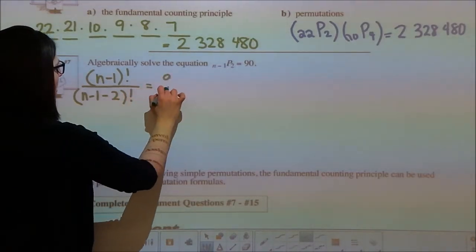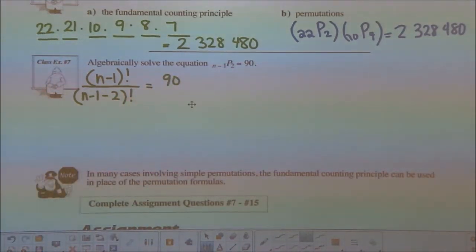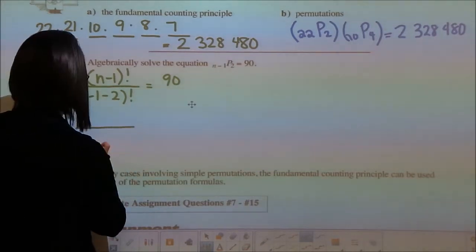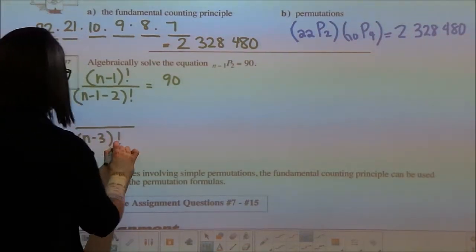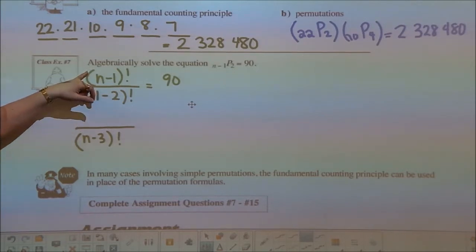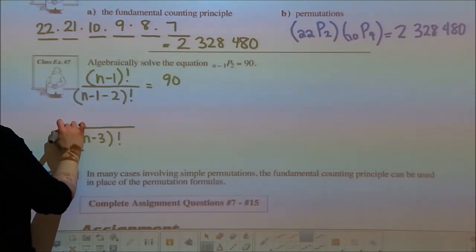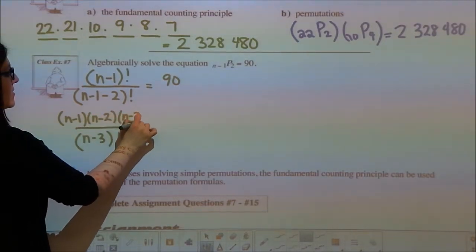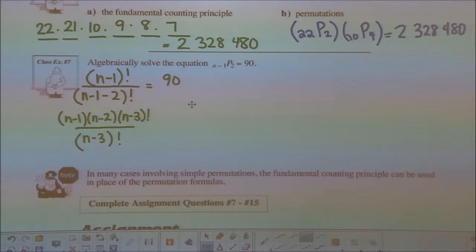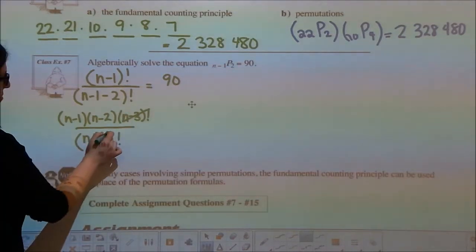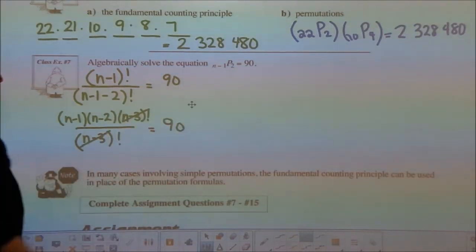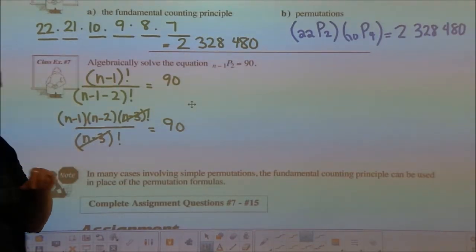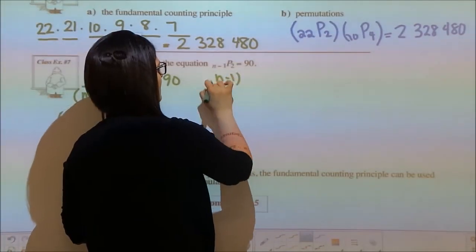So what is n minus 1 minus 2? n minus 3, which I know is going to be smaller than n minus 1. So I'm going to expand out n minus 1: n minus 1, n minus 2, n minus 3, which I'm now going to end with a factorial. So I can cancel those out. So then I have n minus 1 times n minus 2 equals 90.